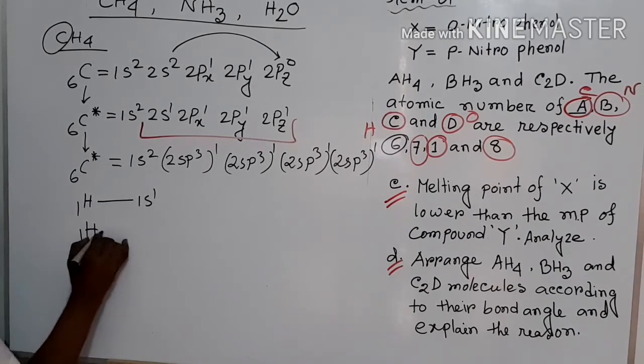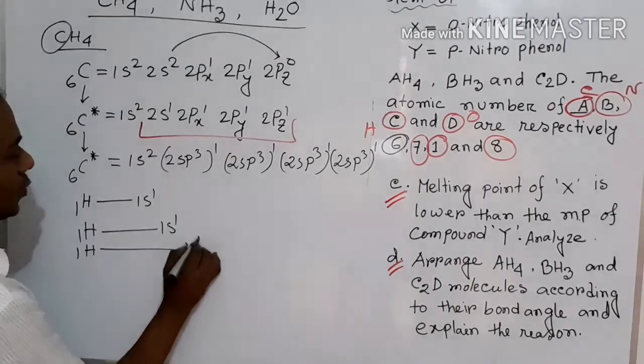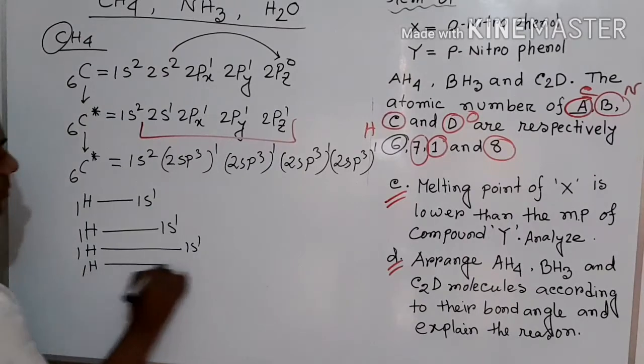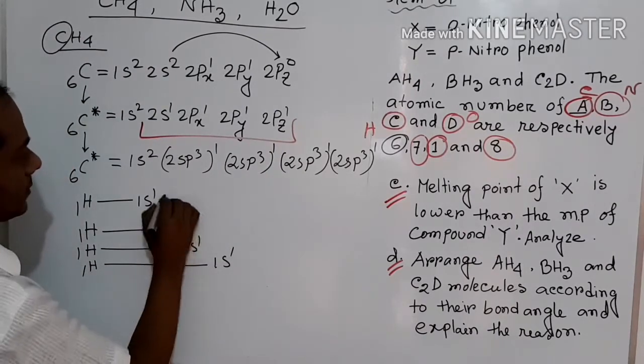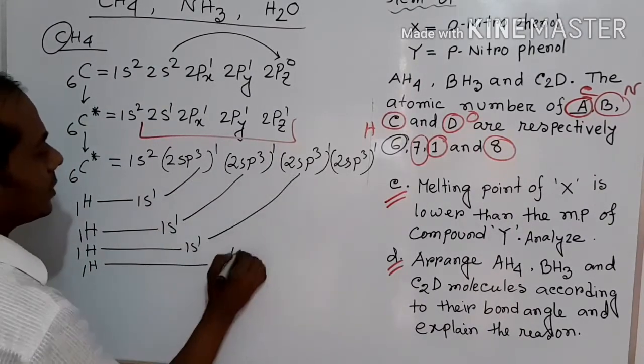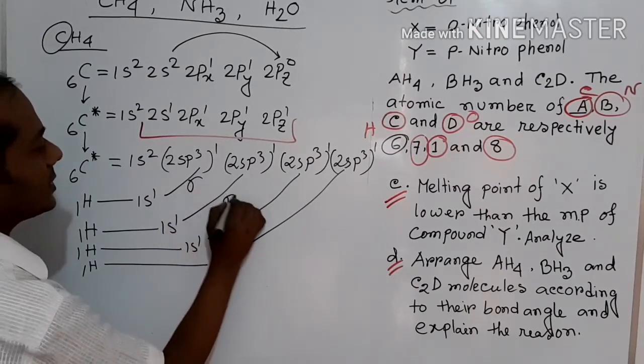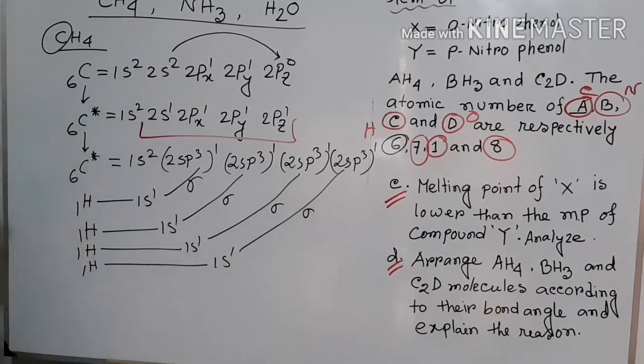Every one is a sigma bond. Now, what is the shape of this molecule?